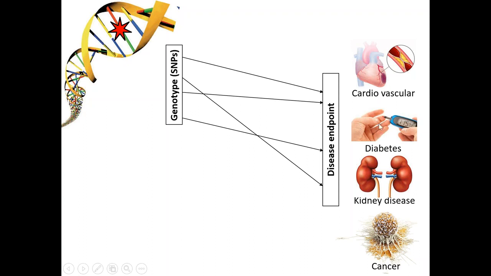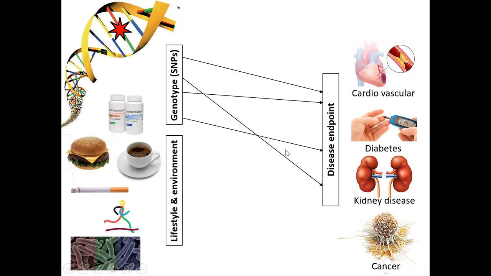Genome-wide association studies have been done with a lot of endpoints, especially diabetes, kidney disease, cardiovascular disease, risk for cancer, and so on. In parallel, big epidemiological studies have run and studied predisposition to disease. They have shown that smoking, for instance, can give you lung cancer, and that sports may be good to reduce your diabetes risk.